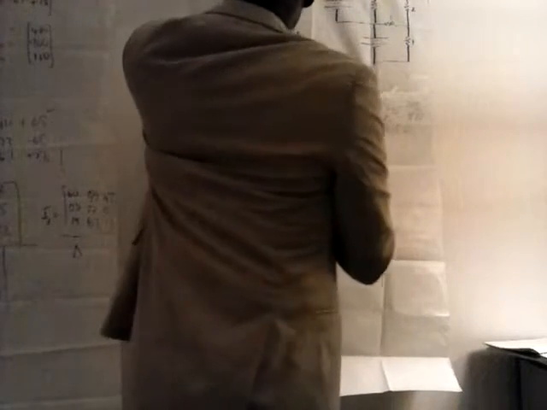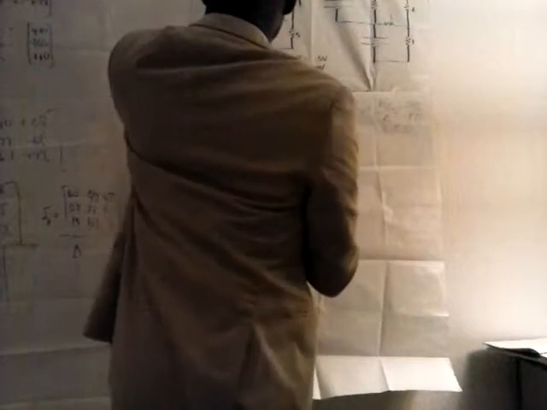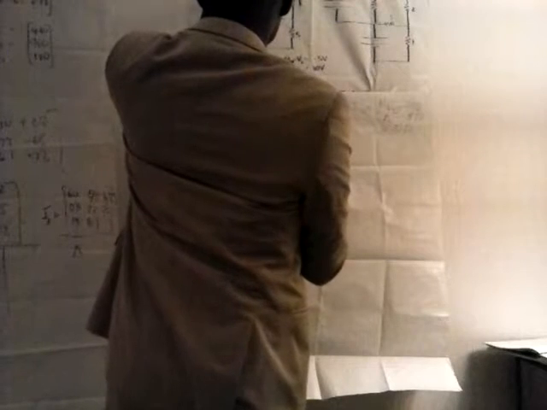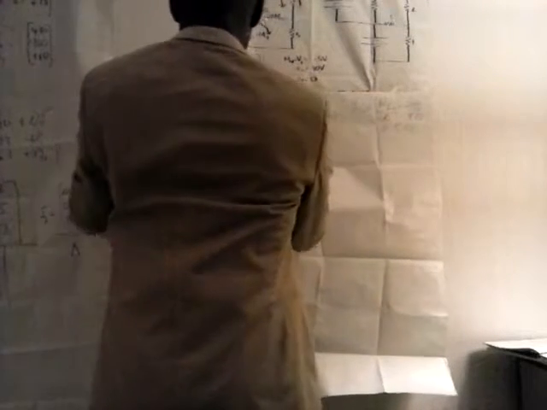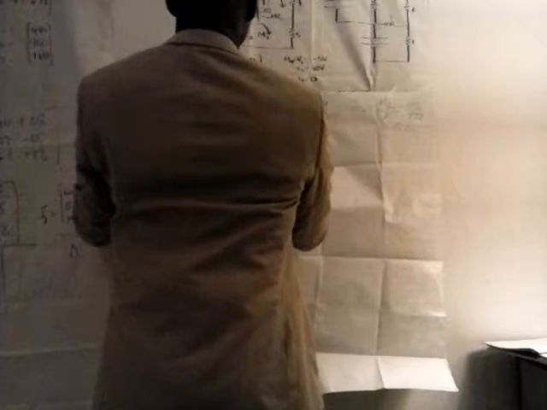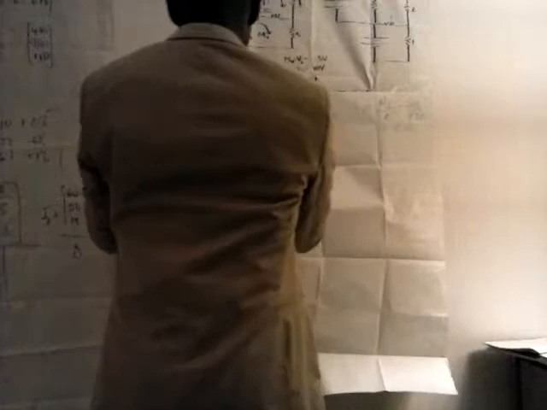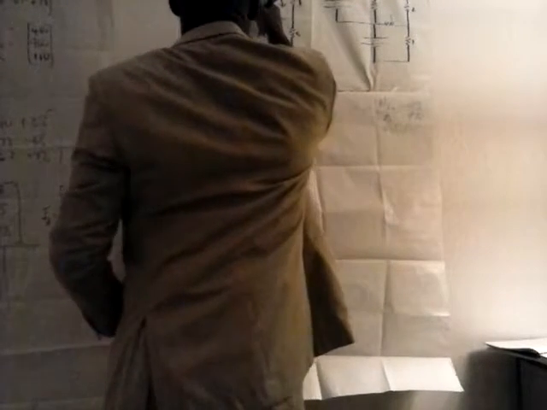So we go to mesh 2 and we check it. So we say, taking KVL around the loop here, this is plus 10 volts. The source voltage must be equal to the sum of the other voltages. So 10 volts is equal now to, V is equal to IR here.